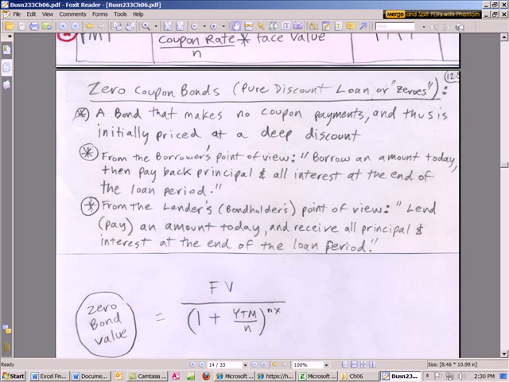Our zero coupon bond, we saw just a moment ago, is a deep discount bond. This is a bond that makes no coupon payments and thus is initially priced at a deep discount. From the borrower's point of view, borrow an amount today, then pay back principal and all interest at the end of the loan period. From the lender's point of view, it's just the opposite, right? Bondholders lend, that's pay an amount today and receive all principal and interest at the end of the period.